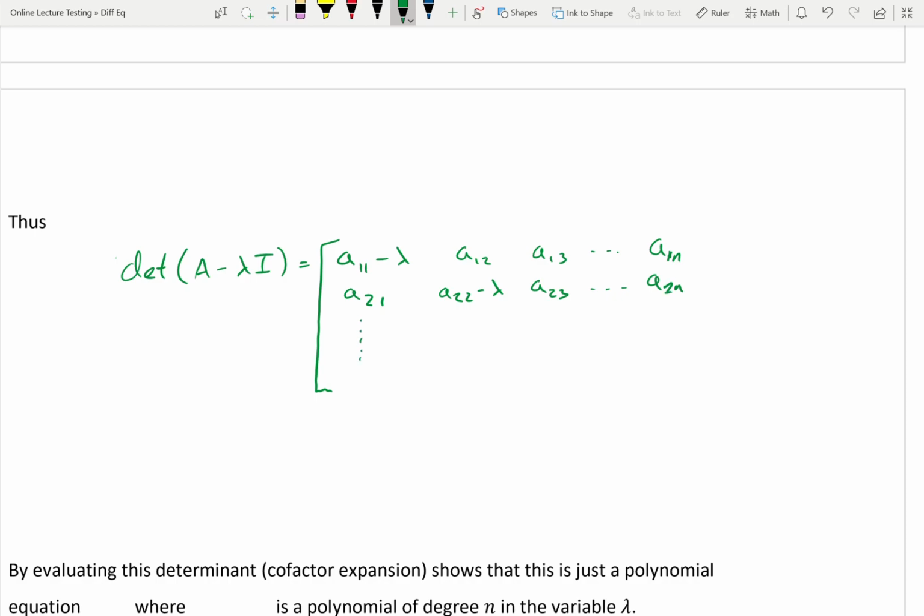So we're going to get a diagonal of subtracting lambda from your A11, A22, A33, and so forth. Everywhere else is just the normal entries, An1, An2, all the way up to Ann minus lambda. We want this to equal 0.